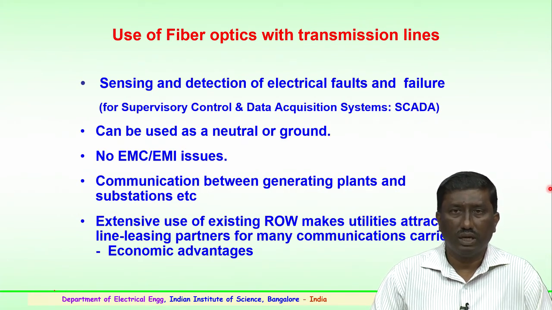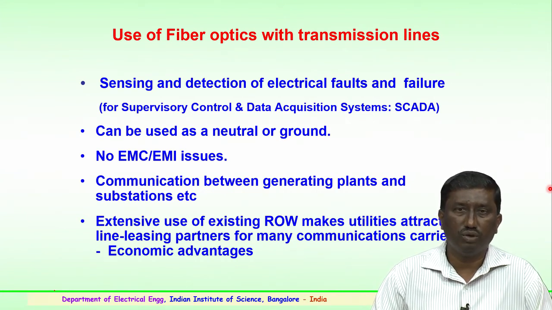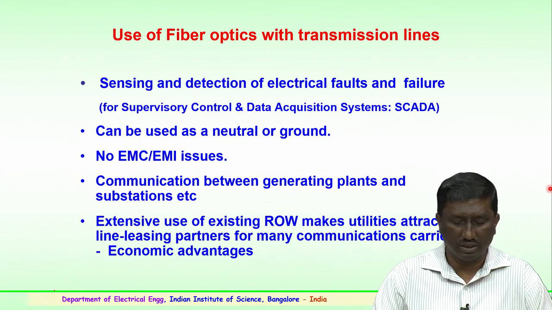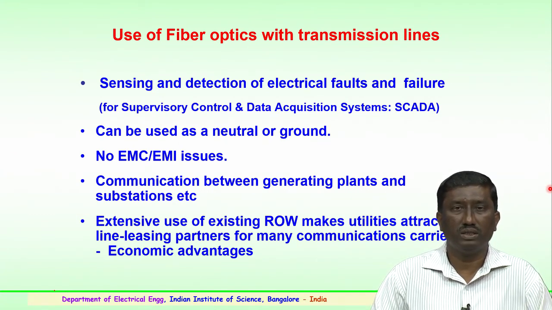And fiber optics help in data communication from the generating plants to the substations or to the control centers, which will be helpful in proper diagnosing and taking remedial solutions.